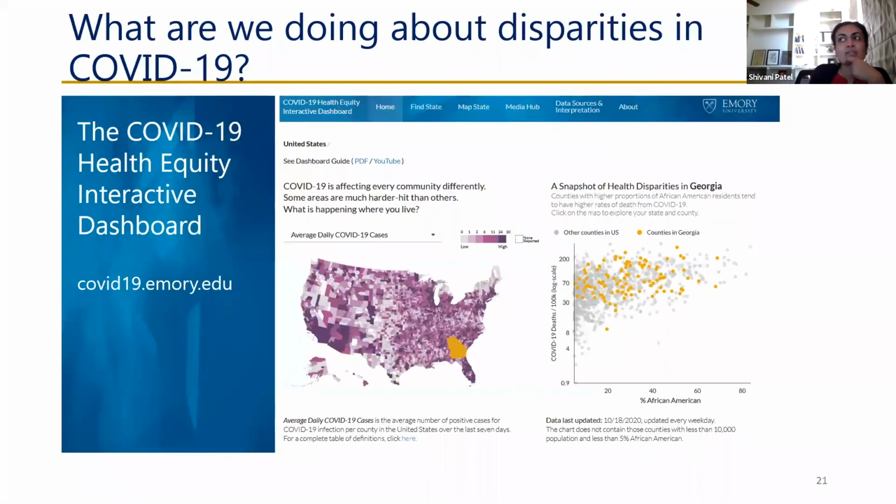And now this leads me to the last part of this presentation, what my group is doing about these disparities. It's less about what we're doing and more about what we're saying and how we're trying to interact with the space. So we have developed the COVID-19 Health Equity Interactive Dashboard. You've already seen some links to it, but it's available at covid19.emory.edu.